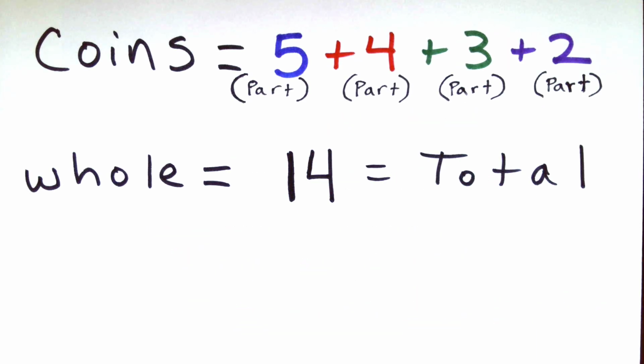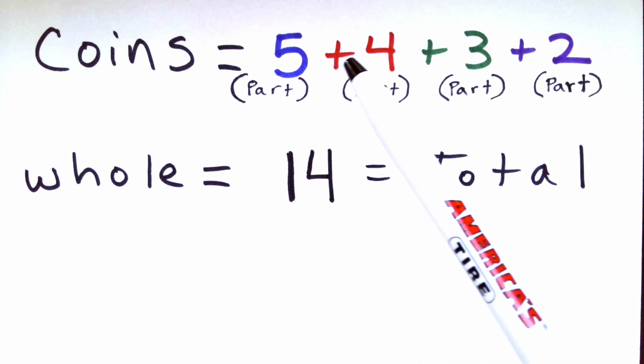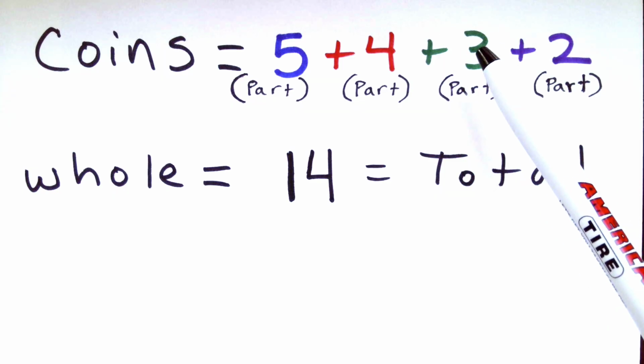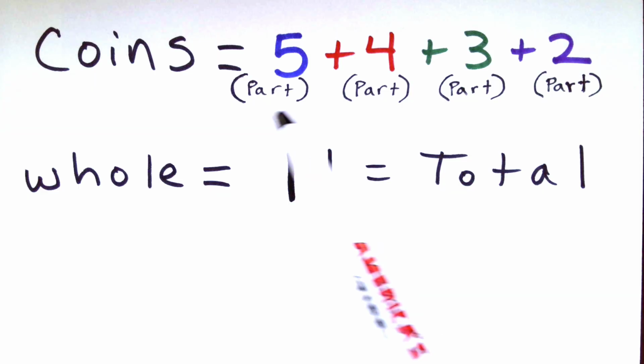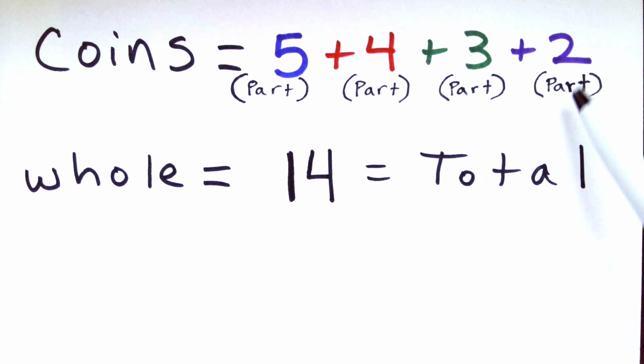So the coins, each individual color, 5 blue, 4 red, 3 green, 2 purple, each one of those is a part, right? 2 purple coins, or 3 green coins, so each represents a part. That's the top part or the numerator of your fraction, right? And the whole or the denominator, the bottom part of your fraction, is the total.